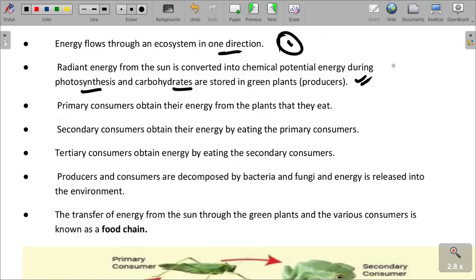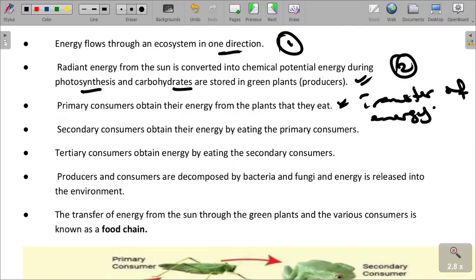Solar energy is converted into chemical energy during photosynthesis, making carbohydrates that are stored in the plants. And then primary consumers obtain their energy from the plants that they eat. That is the transfer of energy that we talked about again.